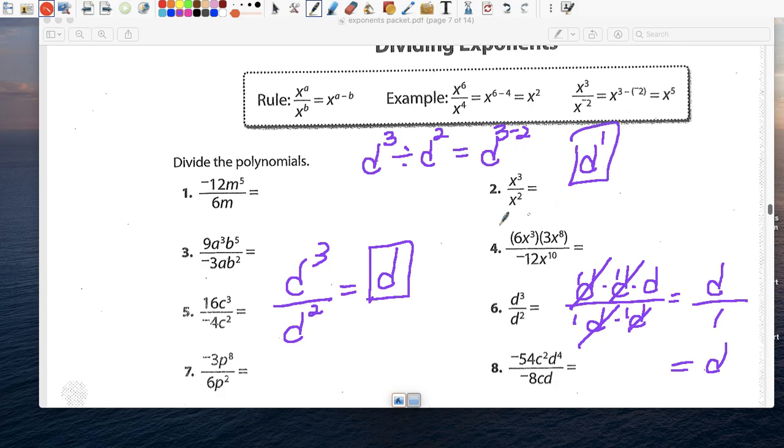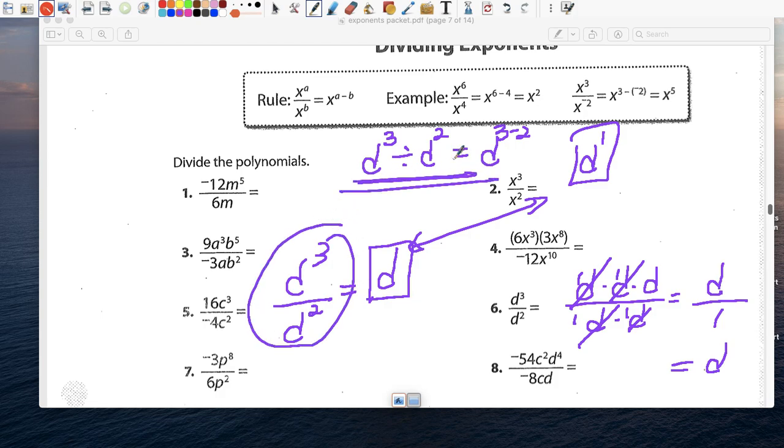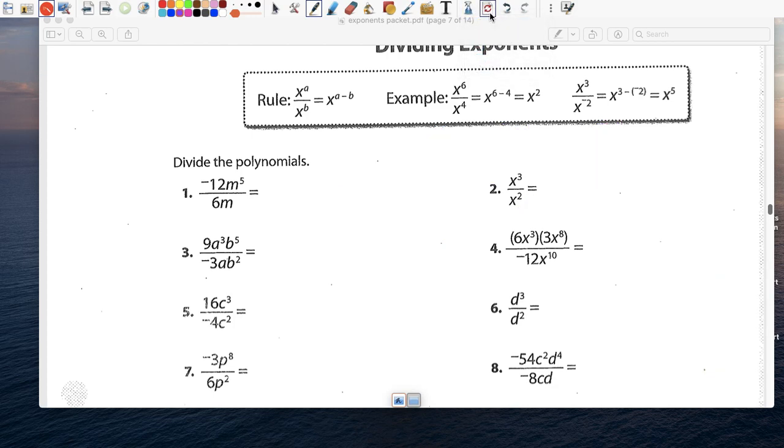Isn't this exactly the same as this? Personally, I like doing it this way. I'm not a big fan of this, but whichever way they throw it at you.